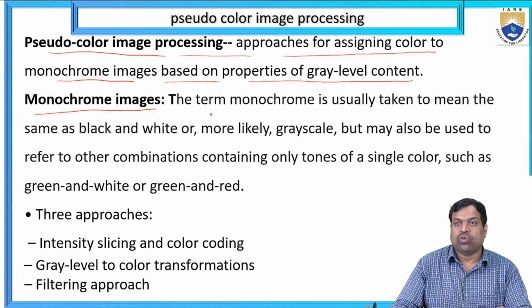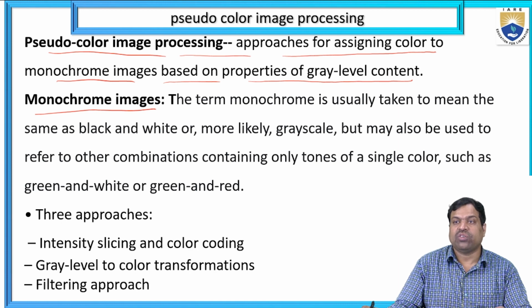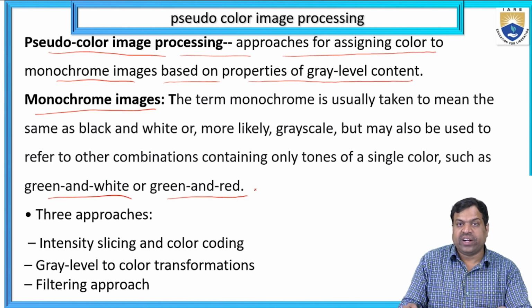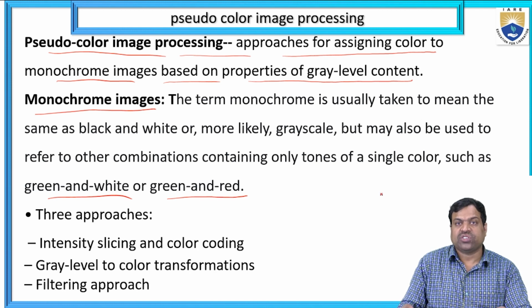The term monochrome is usually taken to mean the same as black and white or more likely grayscale, but may also be used to refer to other combinations containing only tones of a single color, such as green and white or red and green.